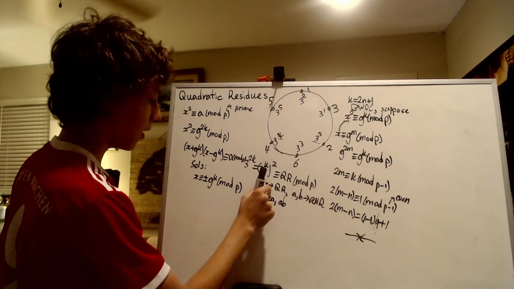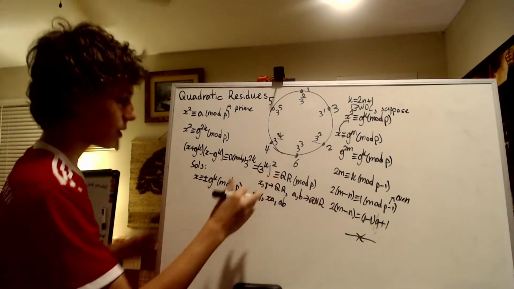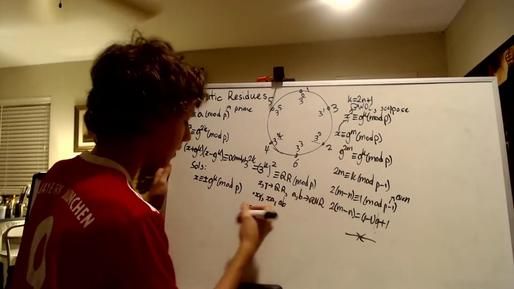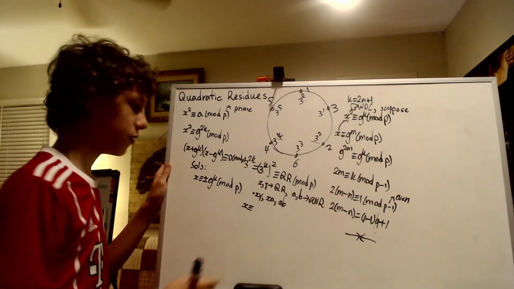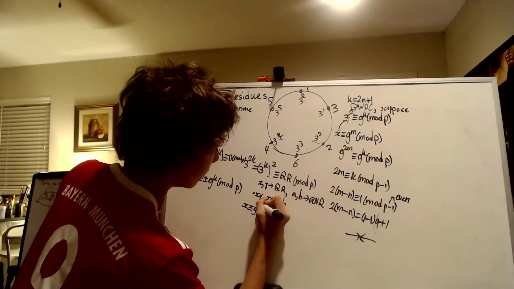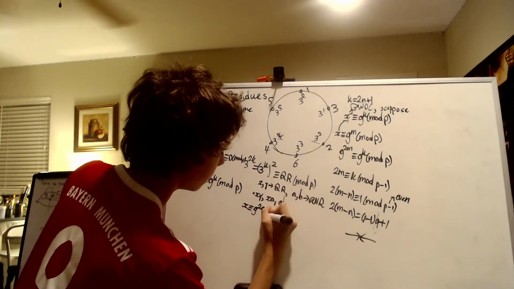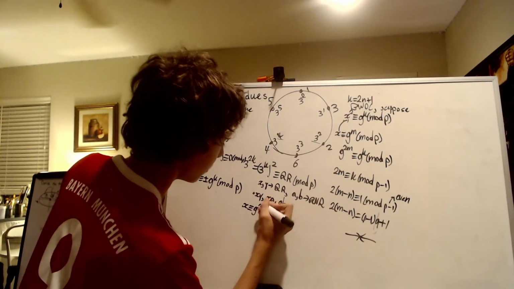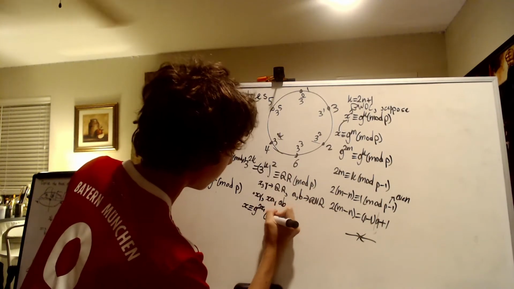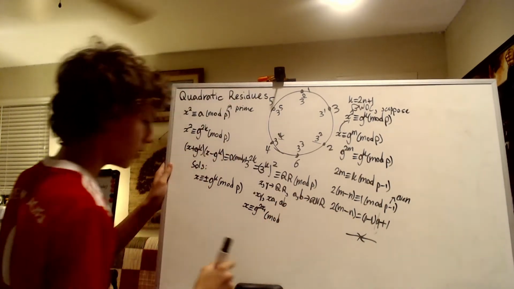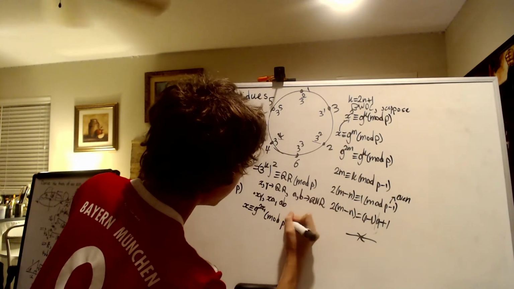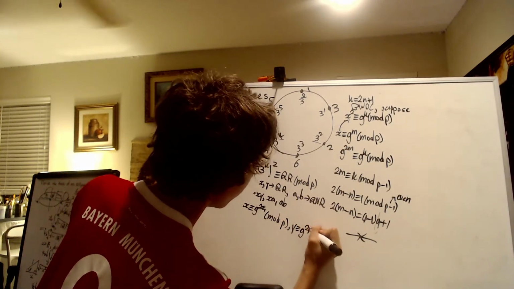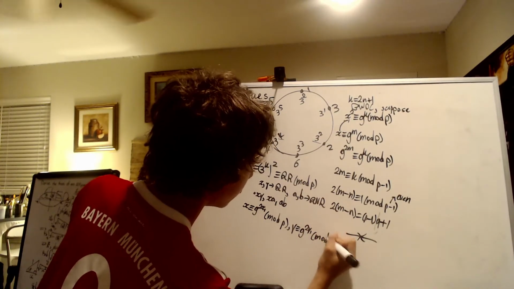So notice that since these are quadratic residues, we can write x and y as even powers of g. So x is congruent to g to the 2x1, just so that we have enough variables to work with, mod p, and y is congruent to g to the 2y1 mod p.